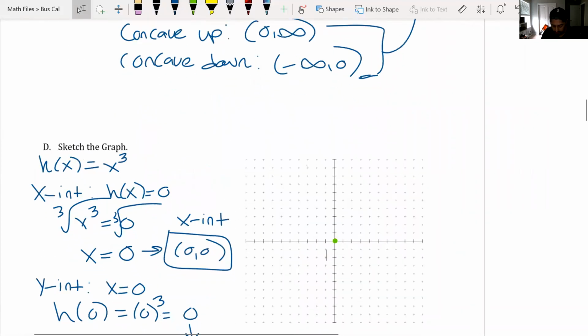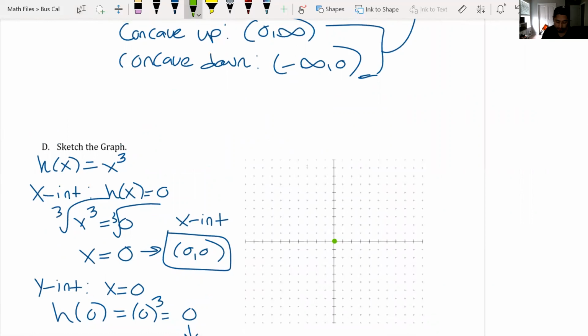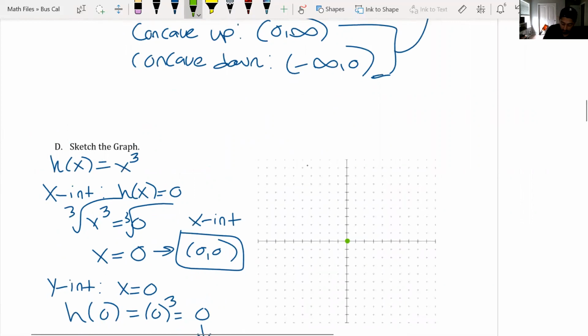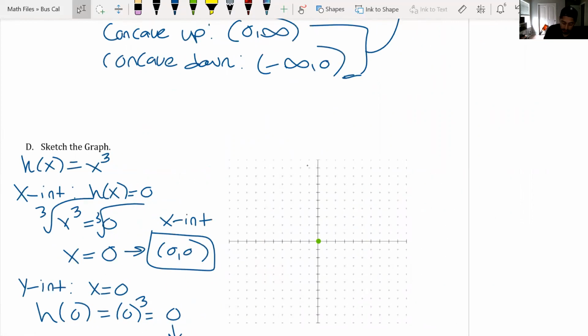Let's see, that'll work. Okay, so it says that from negative infinity to 0, we are concave down. So what that means is that from the left side of the graph to 0, we are concave down. Let me write that on there.